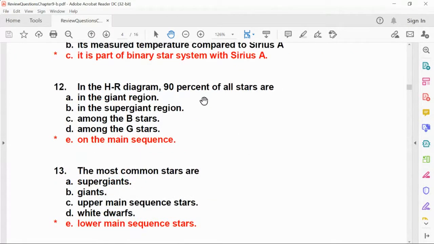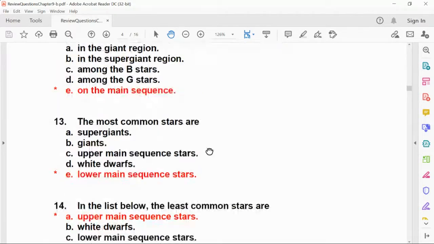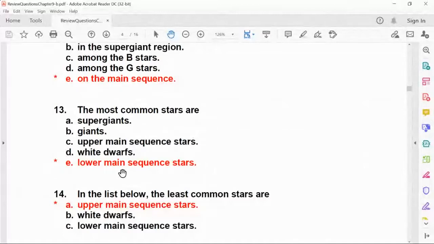In the HR diagram, 90% of all stars are on the main sequence. The most common stars are lower main sequence. Remember, if you look at the HR diagram, they're mostly populated on the lower part of the main sequence.